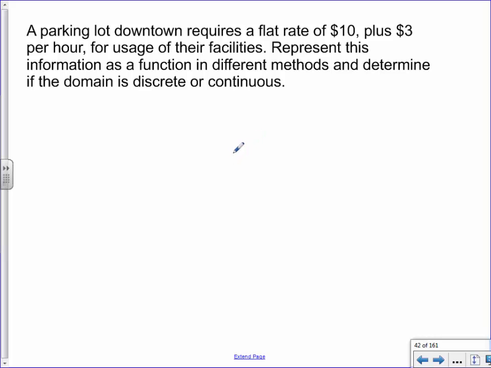We can still go back to our formulas. If it's going up by $3 an hour, is this a geometric or arithmetic kind of sequence? Okay, so that means we need the formula Tn equals T1 plus n minus 1 times d. That's our formula.